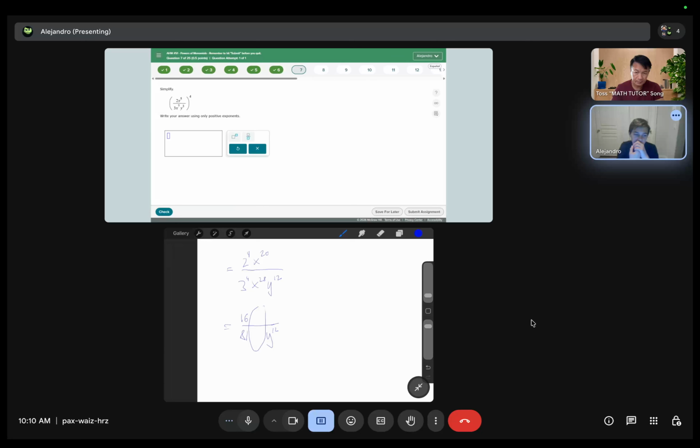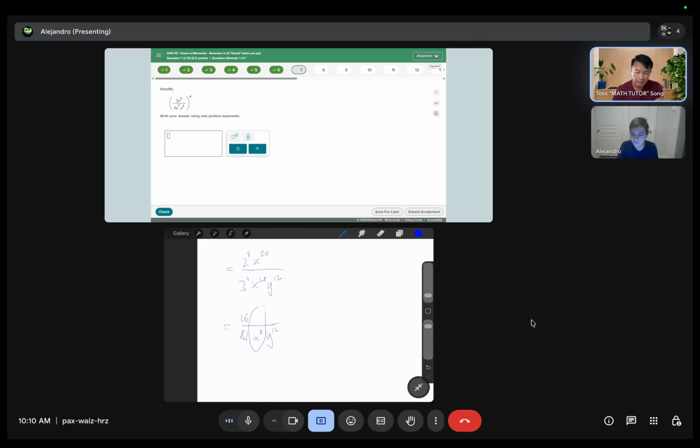Not in the numerator. If you write it in the numerator, it will look like this, negative 8. But that's not the final answer. Then where do you put it? Would you put it without the negative in the denominator? Yes, that's how you do it.